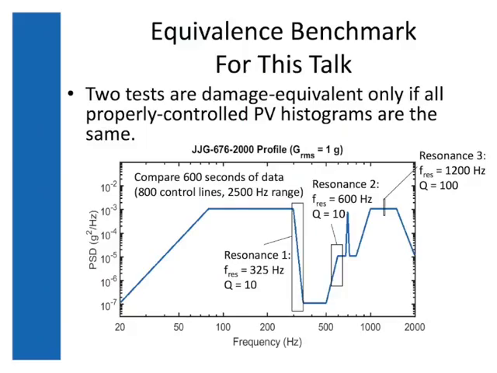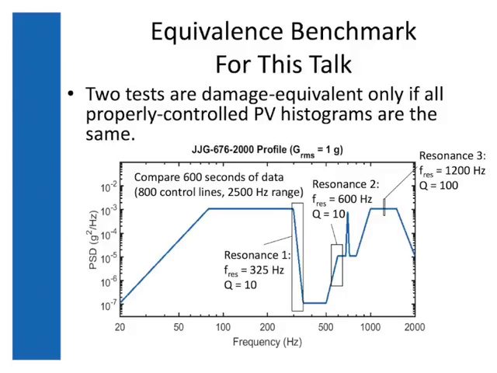I'm about to make some very broad claims about damage equivalence, and so I'd like to take a moment to stop and talk about exactly what I mean. In much of the literature on fatigue damage spectrum, two tests are considered to be damage equivalent if the fatigue damage spectrum trace, so that sum over all the histograms, is the same for the two tests.